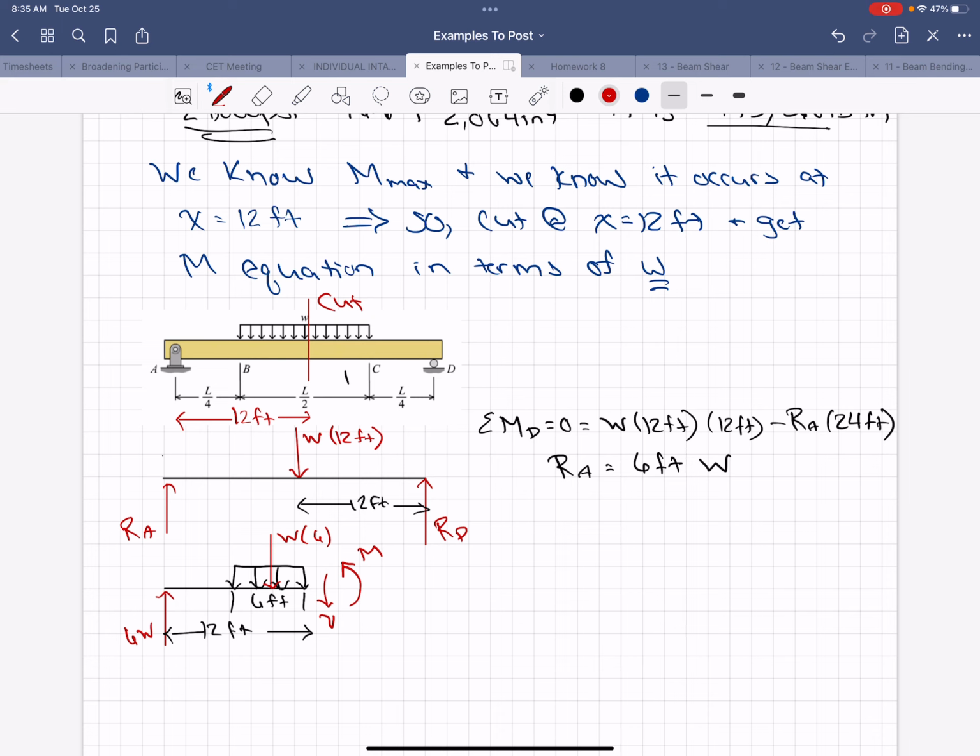And what I'm going to do is sum the moments about the cut. That'll be 0. The V won't be in the equation because it's on the cut, so I'll have this equals a positive M plus this W times 6 feet and it is 3 feet away.